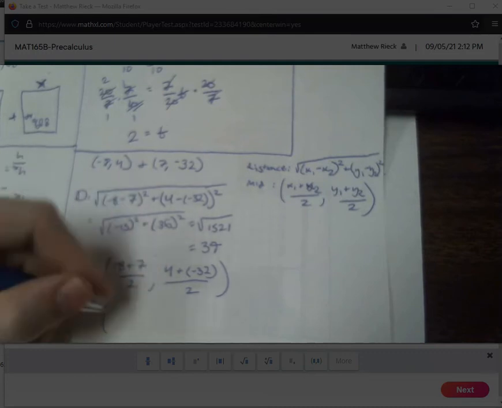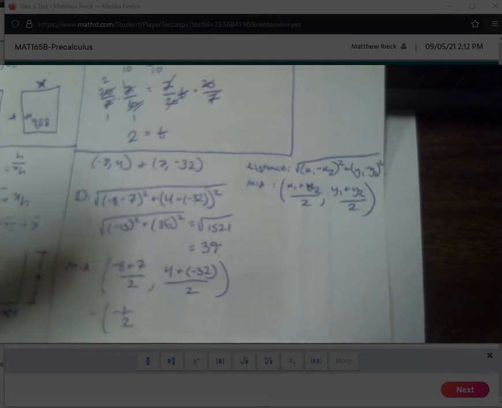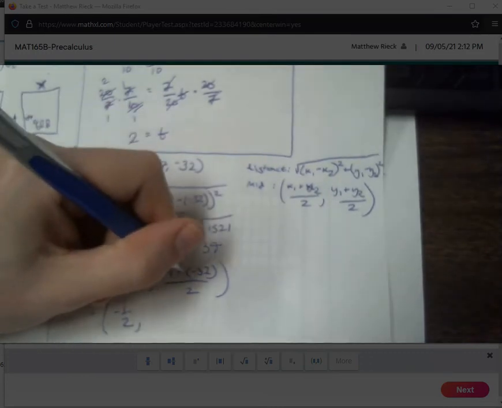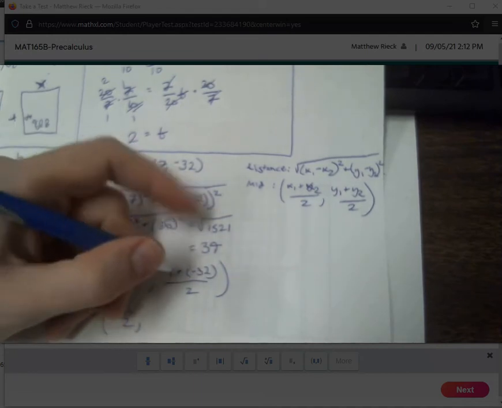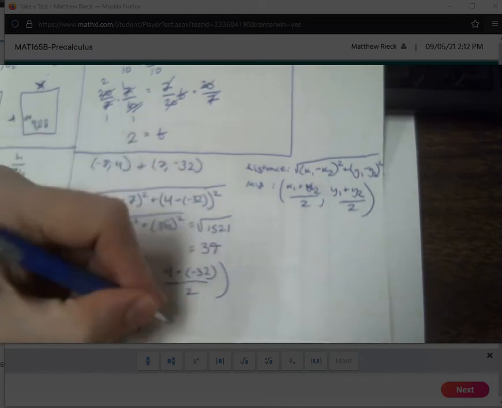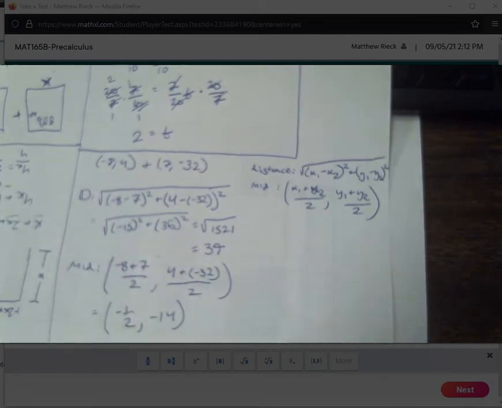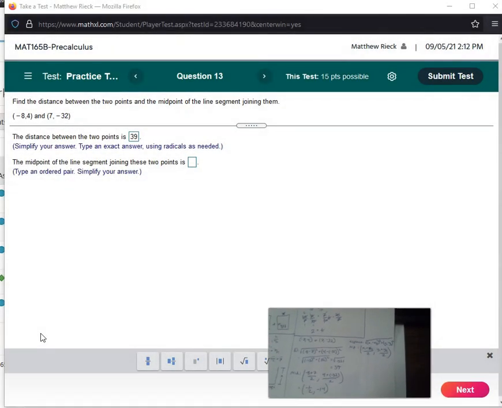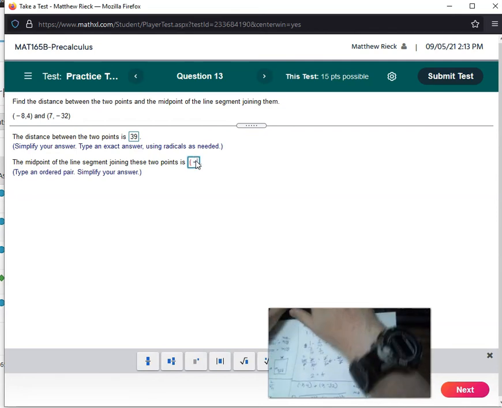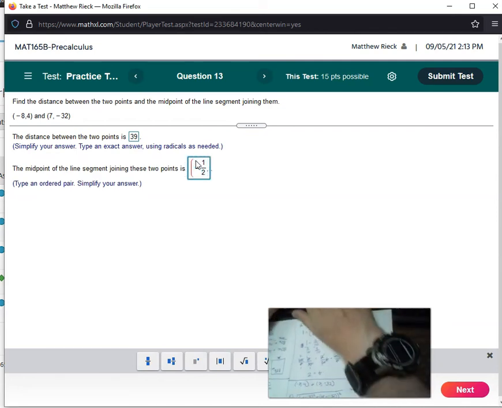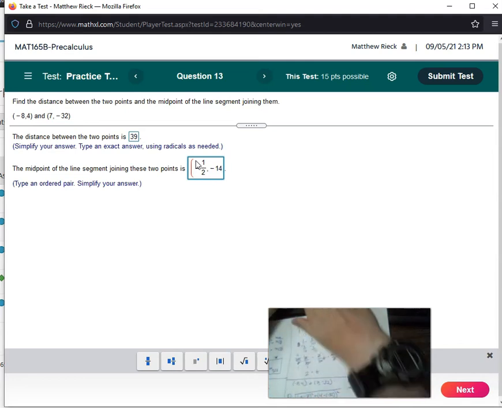Your -8 plus 7, so that's going to be -1/2. And then 4 plus a -32, so that's going to be -28 over 2, which is going to be -14. All right. So we have -1/2, -14.